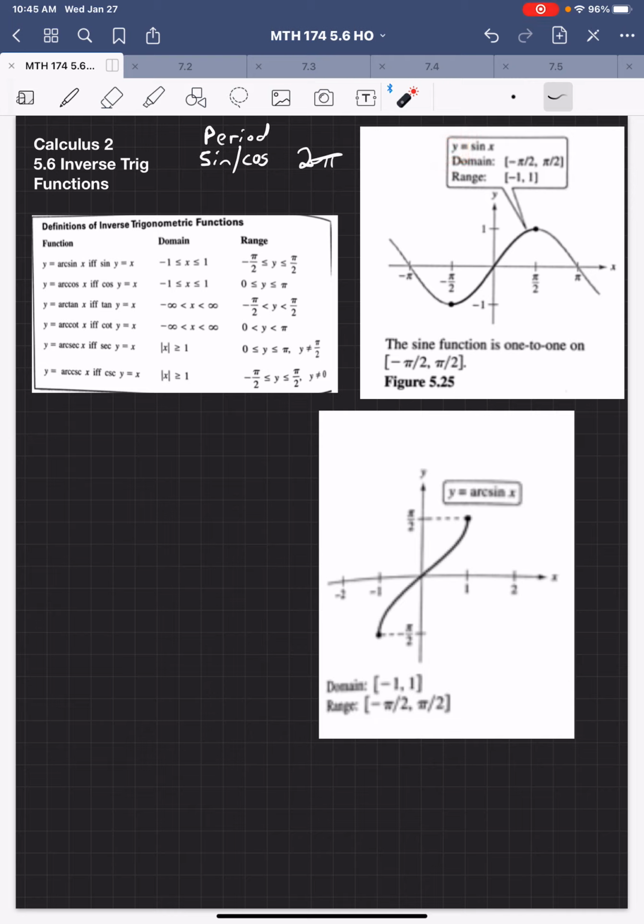Now, since domain and range switch, notice that when we come down here to arcsine, the input is opposite over hypotenuse, and the output is an angle. I'll say that one more time.